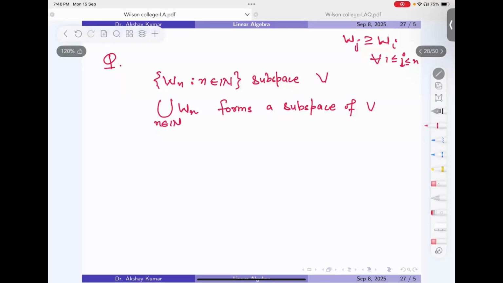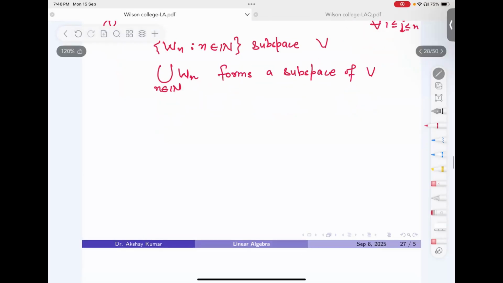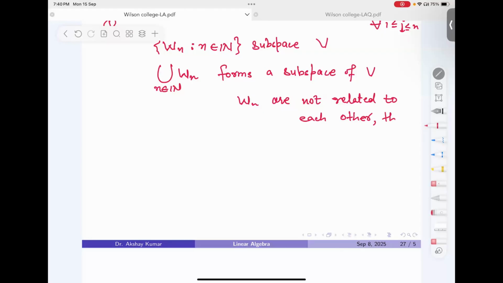As per my knowledge, I don't know the equivalent condition, but I can tell you, if the Wn's are not related to each other containment-wise, then still this union may form a subspace.